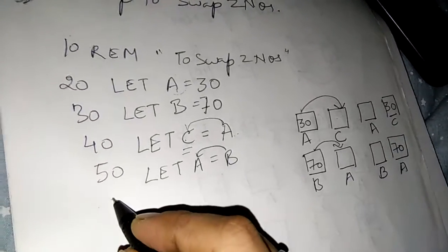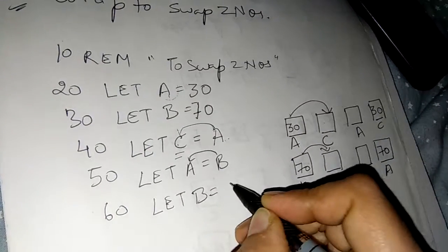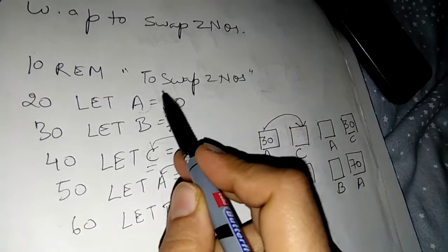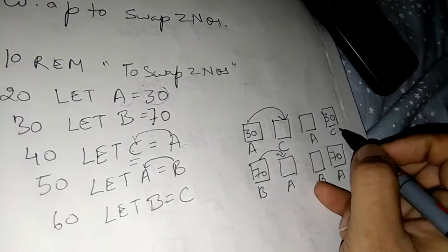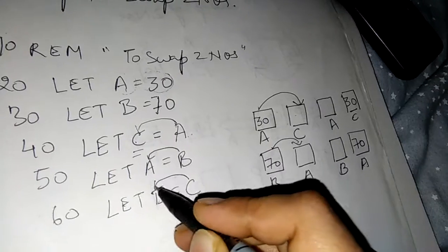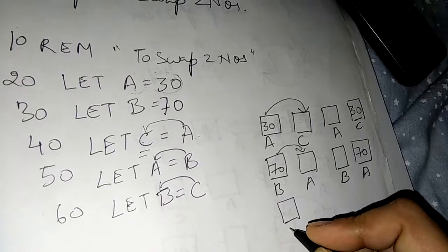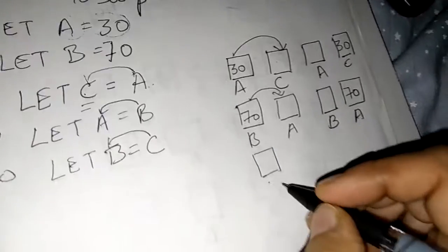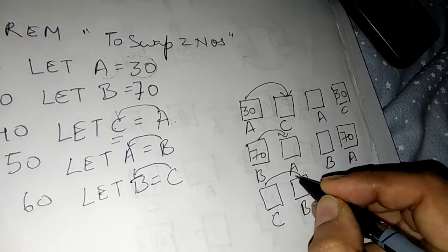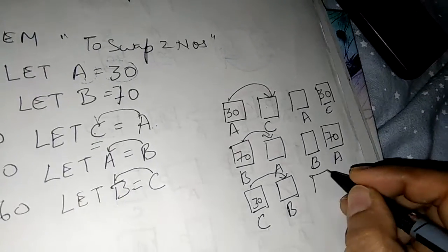Okay. Now I can easily fill B with the value of C, because the content of A was poured into C. Now the contents of C will be poured into B. This statement means the contents of C are poured into B. C contains the value 30.